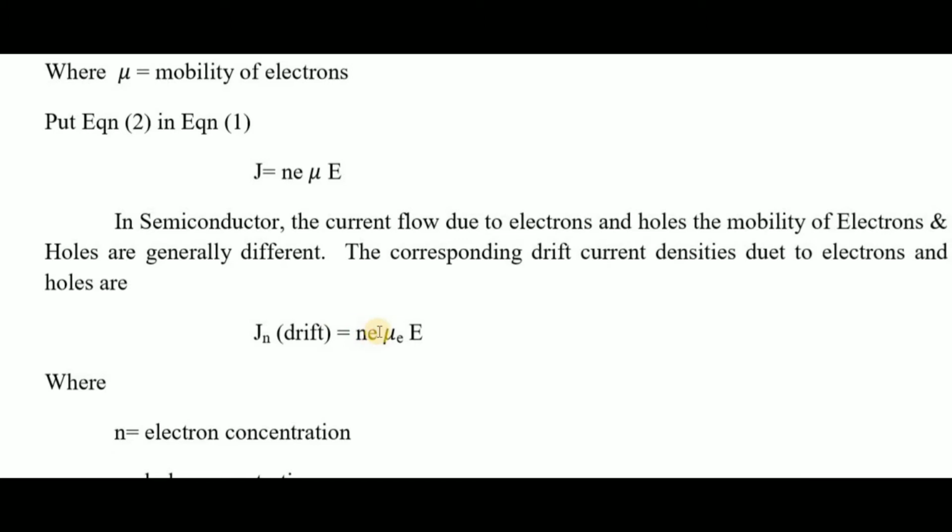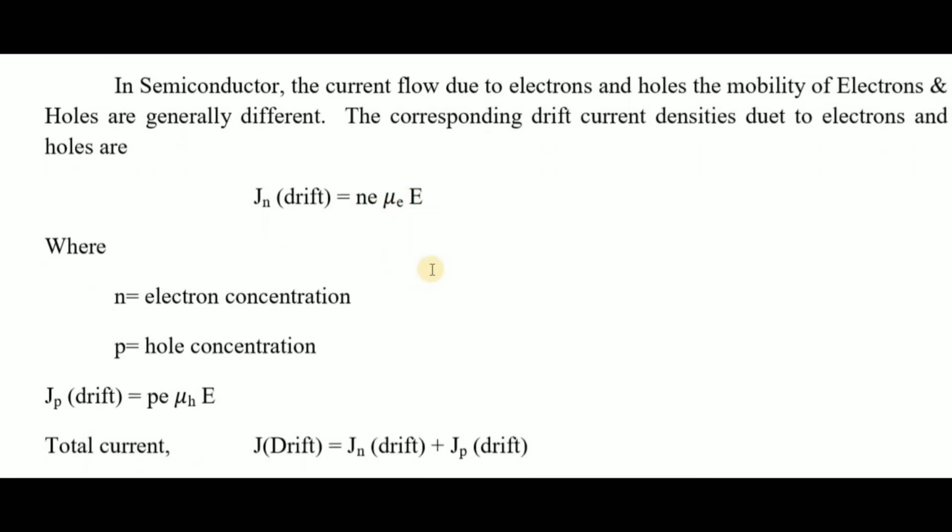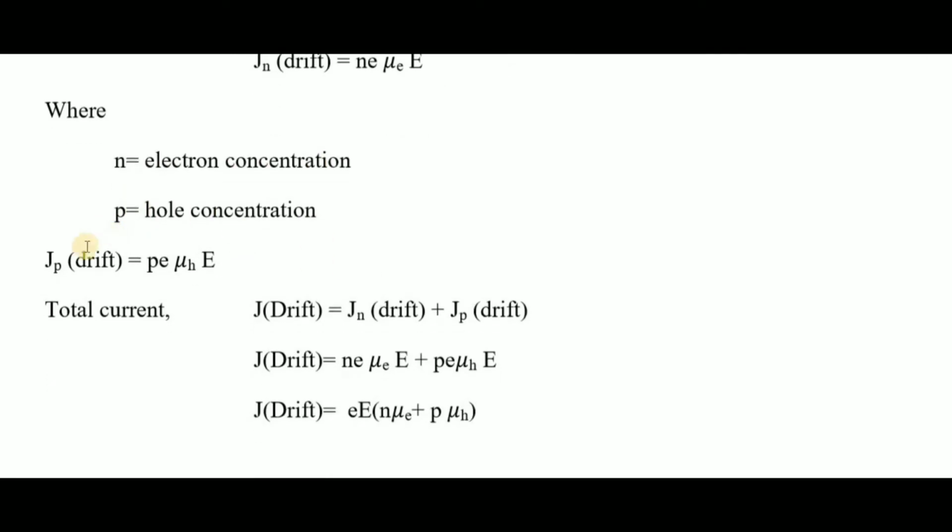Here N means the number of electrons per unit volume, e means charge, mu_e means mobility of electron, and capital E means electric field. Here N is the electron concentration and P is the hole concentration.